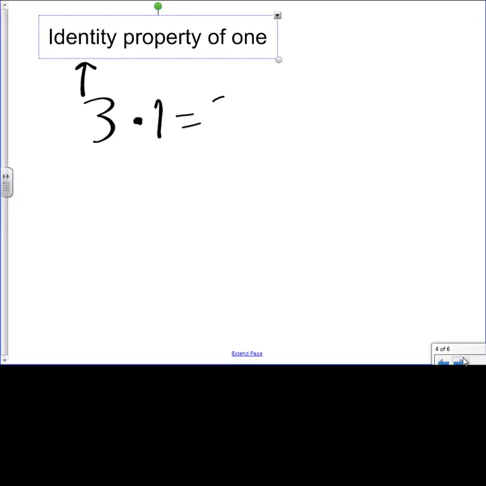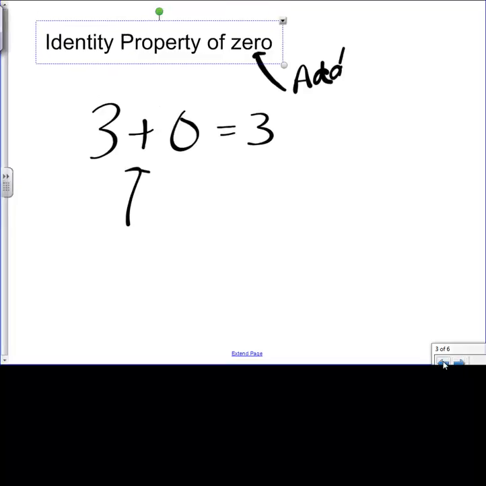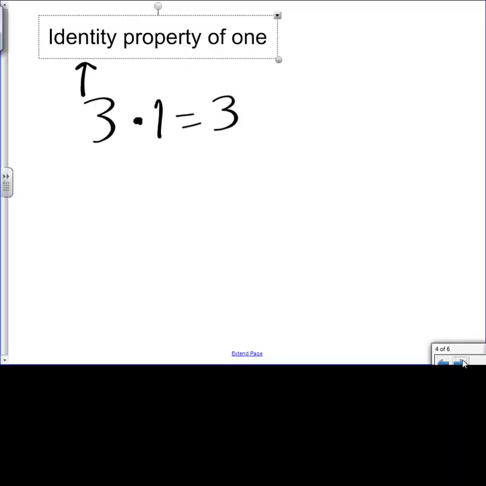It's by multiplying by 1. So same thing here: how do you find yourself, or identify yourself? With 0, you add. These two properties are about finding the number you started with. How do you keep the number you started with? For multiplication, you multiply by 1, and so this is your multiplication.